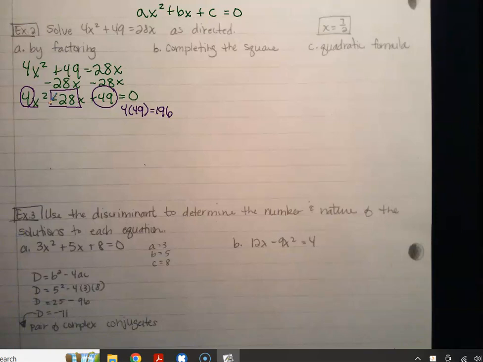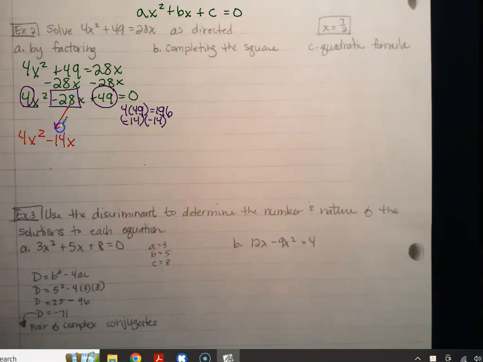So I, of course, did some playing before we started and found out it was negative 14 and negative 14. I shouldn't say I did playing, I did some math, right? Because negative 14 times negative 14 will give me 196, and negative 14 plus negative 14 will give me negative 28.